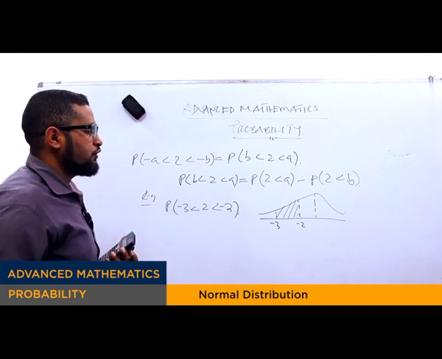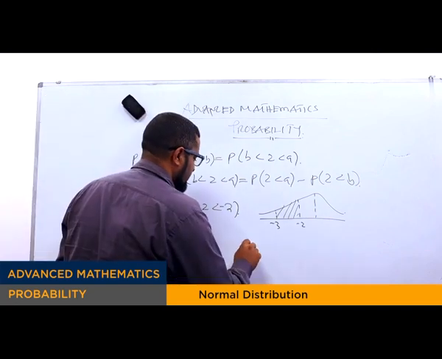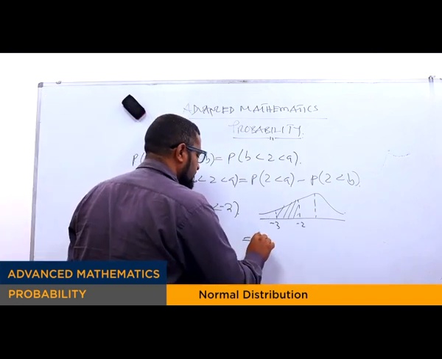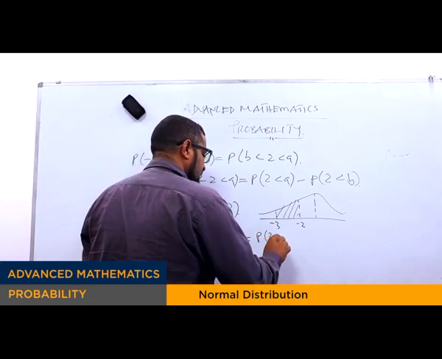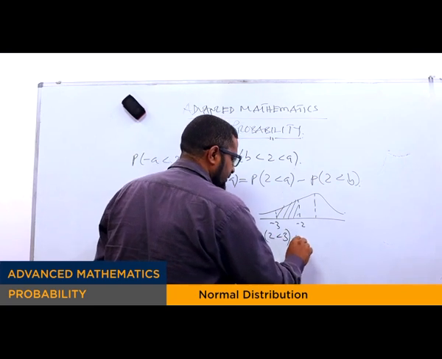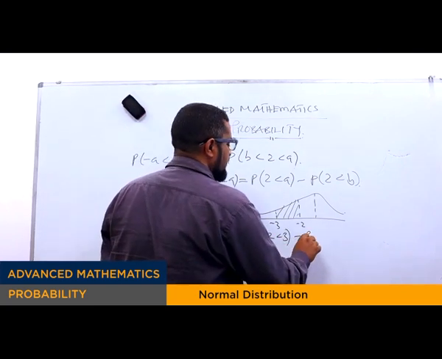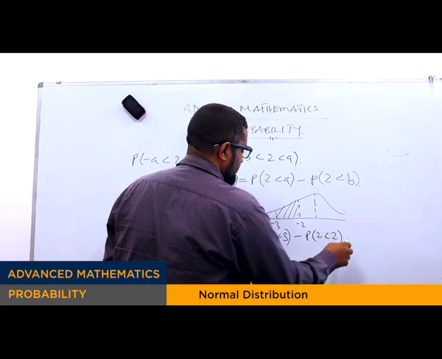How do we obtain that one? It's the same as taking probability of z less than 3 minus probability of z less than 2.